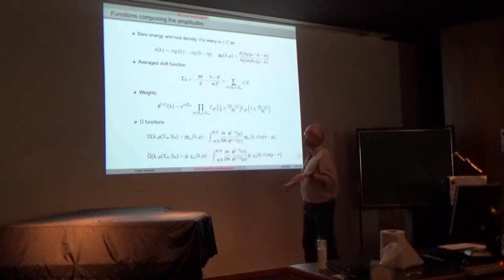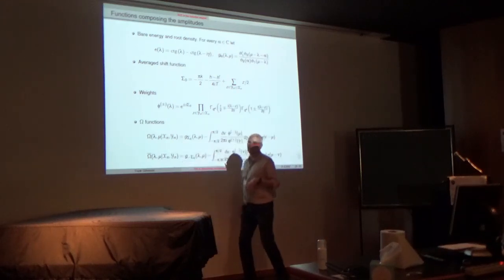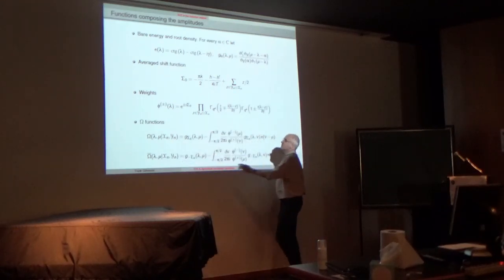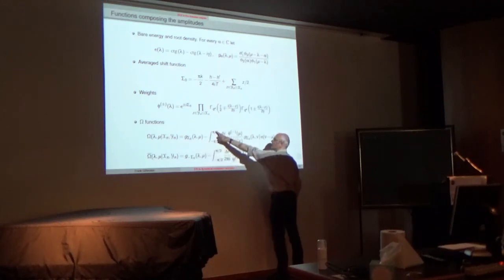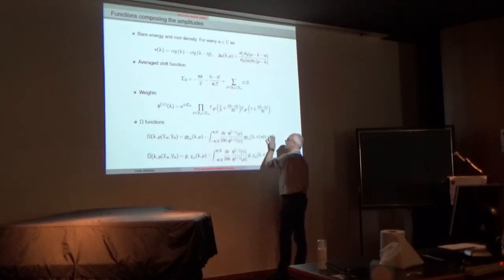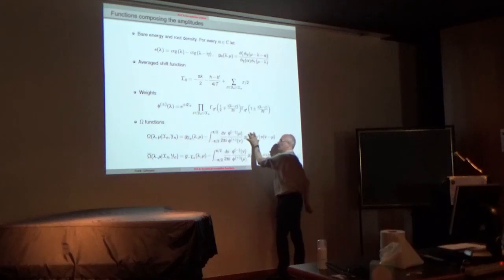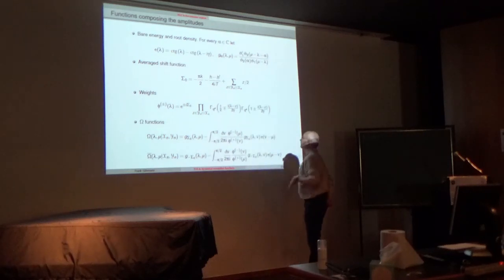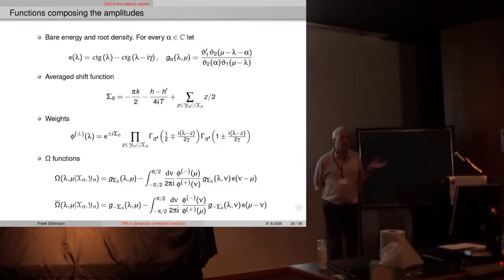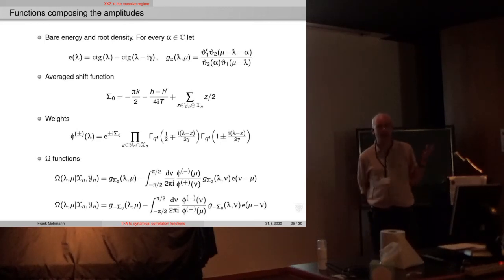The function omega is given by an integral involving the function g, the weight, the bare energy, and this function, which is the root density, or something like it, and is also similar to the dressed energy function.